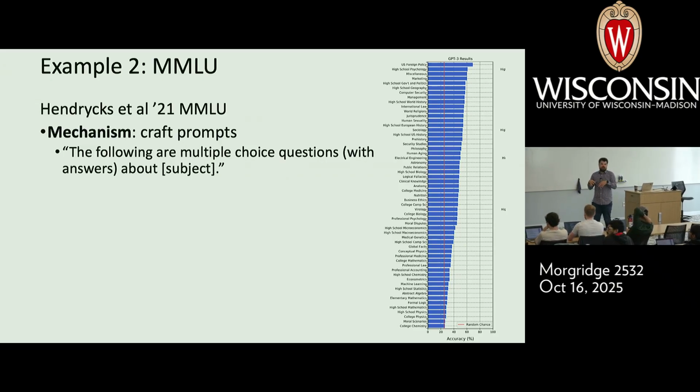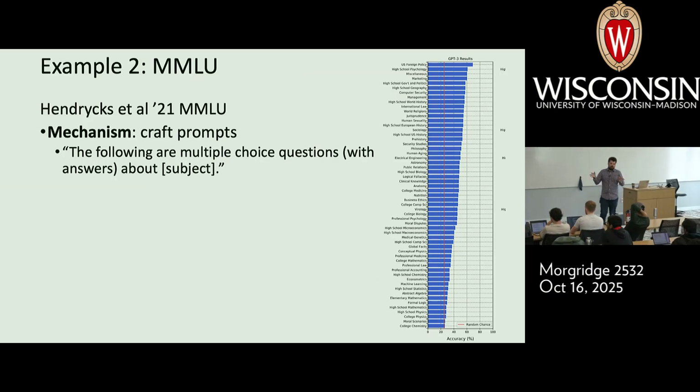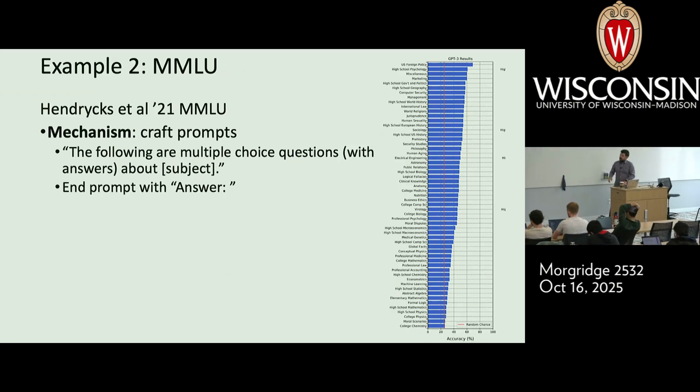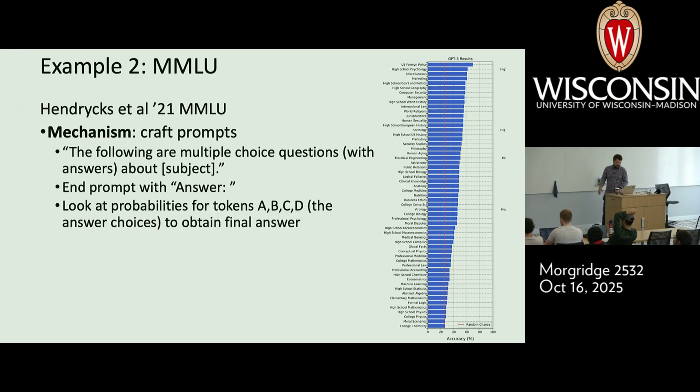So typically, it's not just like you're showing the question and the answers. You also have to give some instructions to the model, just like we talked about in prompting. Same idea here, right? The text is going to be: the following are multiple choice questions with answers about the particular subject that this question is coming from. Then you end your prompt with "Answer:". This is to encourage the model to just go ahead and output that answer.